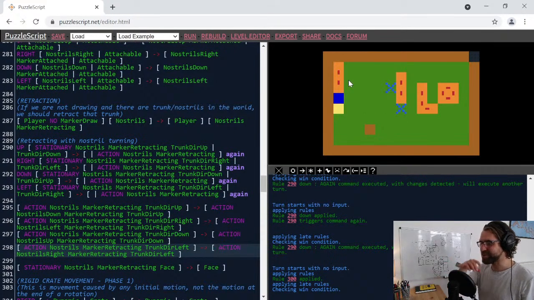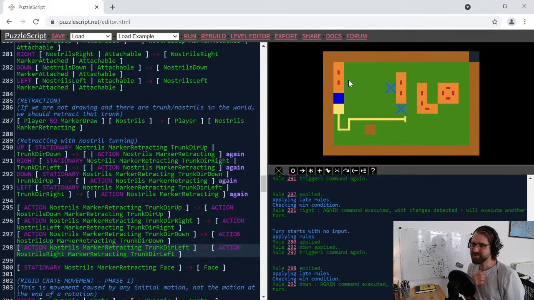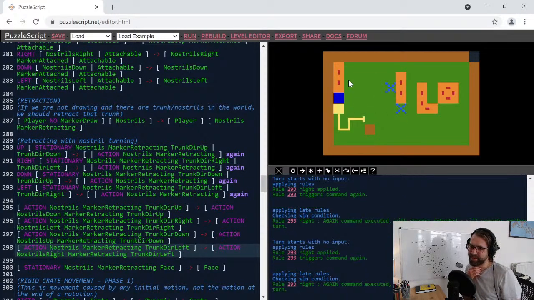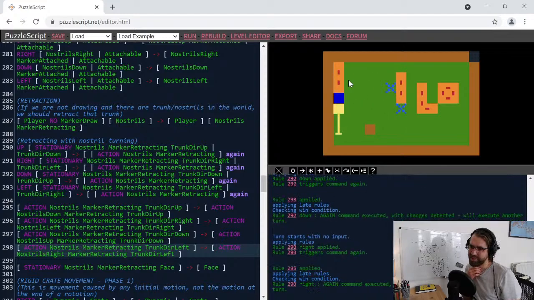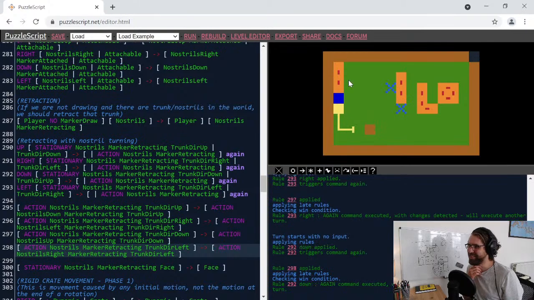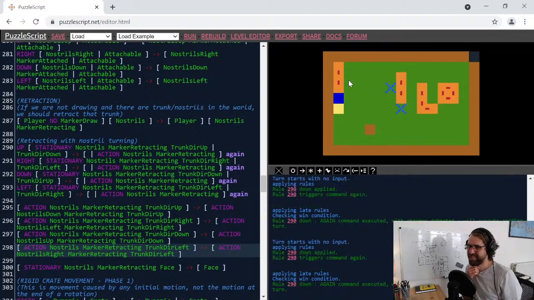I think when I do the actual art for it, when it's retracting, I'll draw it a little bit further back so it doesn't look like it's sticking out of the center of the cell it's in. That's fun. Oh, that's fun.